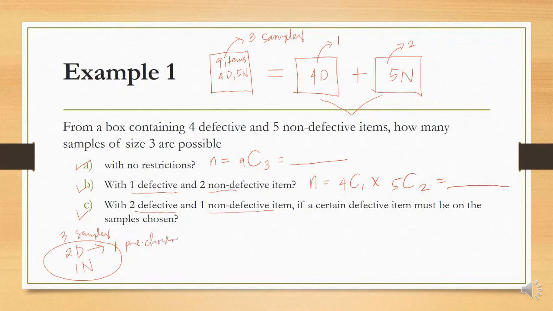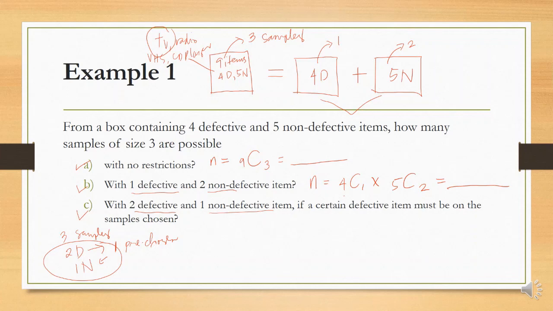Napili mo na kung alin. Halimbawa, doon sa iyong 9 na laman ng items, meron doon TV, merong radio, VHS, o kaya CD player, etc. Mga appliances yan. Yung isa doon, si TV, nilagay mo na dito.